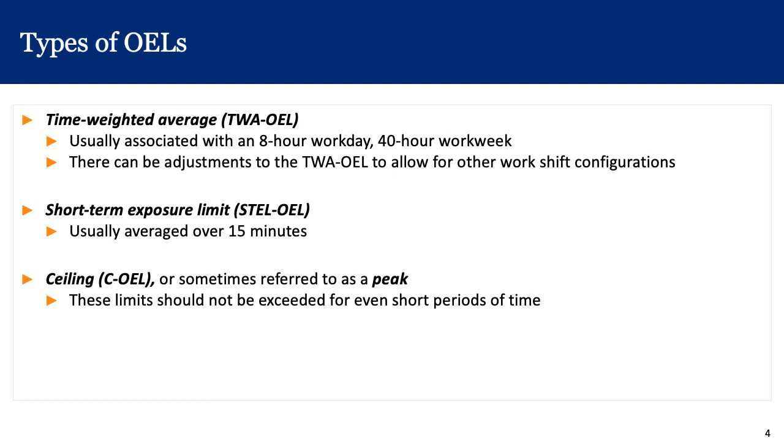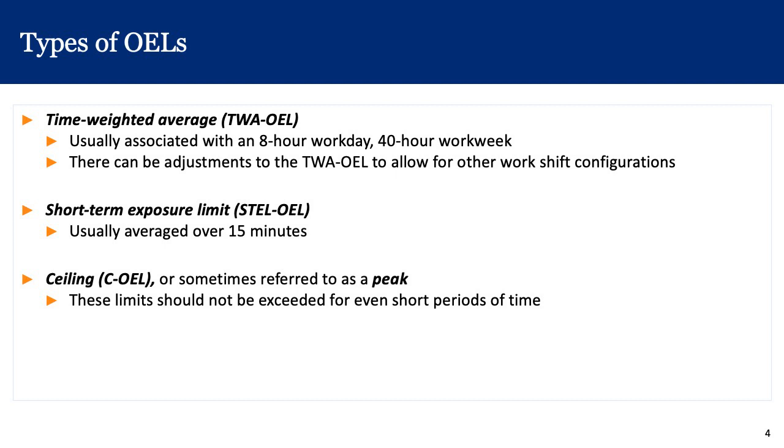And such OELs are for protecting workers from chronic health effects, meaning if a worker were exposed to this particular agent for weeks on end for an entire career for many years, then the average exposure that the worker is facing should be less than this particular number, the TWA OEL.